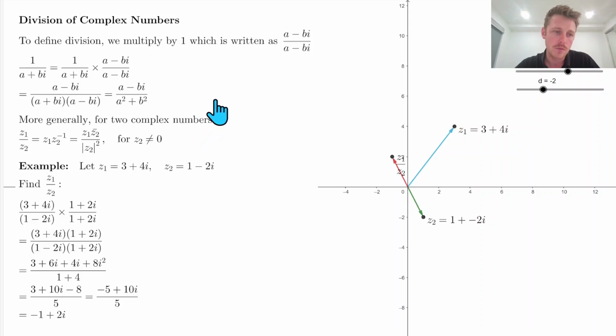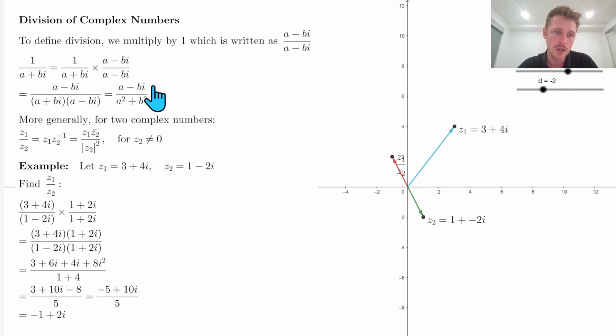Okay? So essentially what we're showing is that this is the reciprocal, 1 over a complex number, right? So more generally, for two complex numbers, if we need to divide them by one another, we know that z1 divided by z2 is the same thing as z1 multiplied by the inverse of z2.